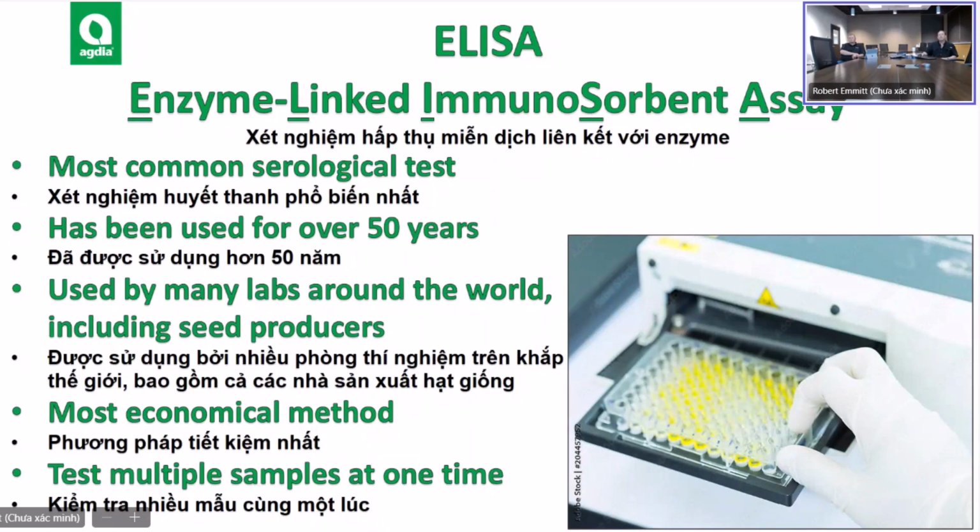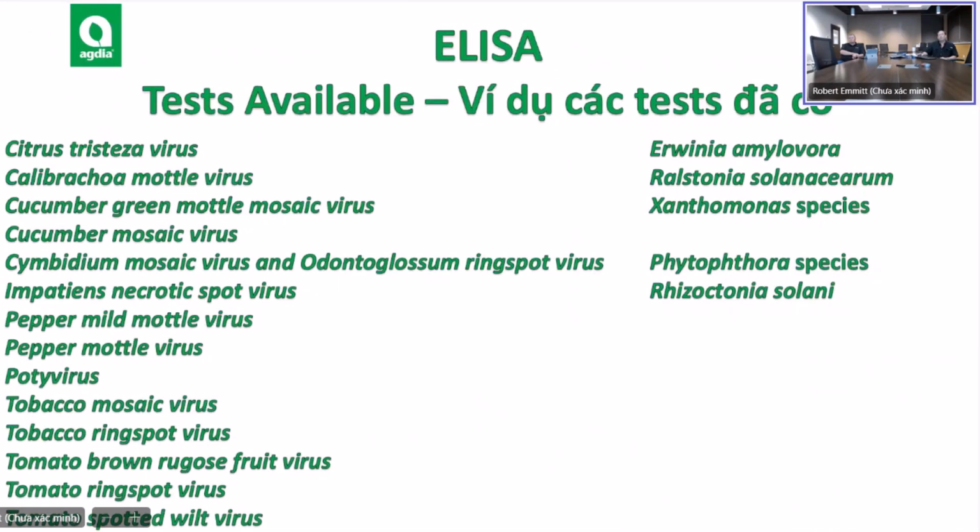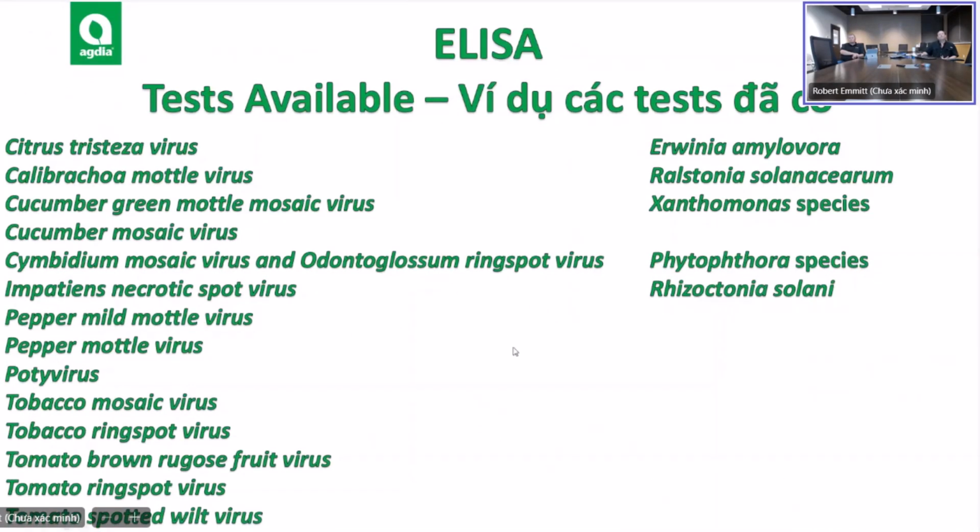So ELISA is a very popular method for testing. And once again, these are the pathogens that we have available in ELISA format. So I'm not going to go through all of them, but hopefully your guests have the slides so they can look at those.